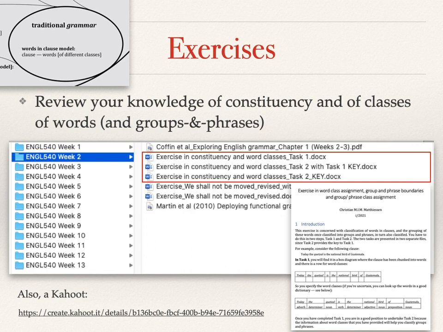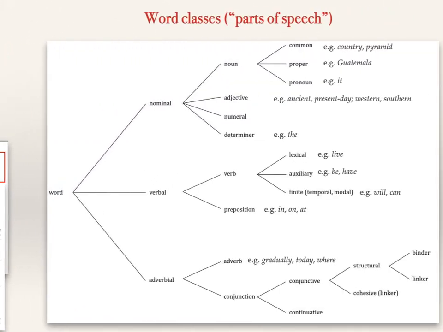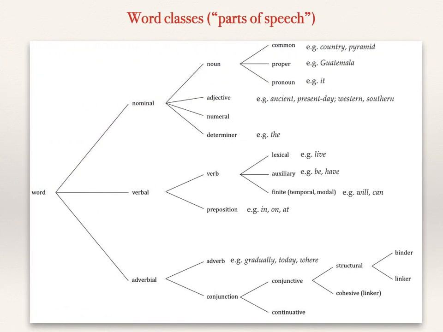What are the word classes? This still we will revise, but retain. What are the word classes that we will be working with? Well, they include the word classes you recognize from traditional descriptions, more or less: noun, adjective, numeral, determiner, verb, preposition, adverb, conjunction.